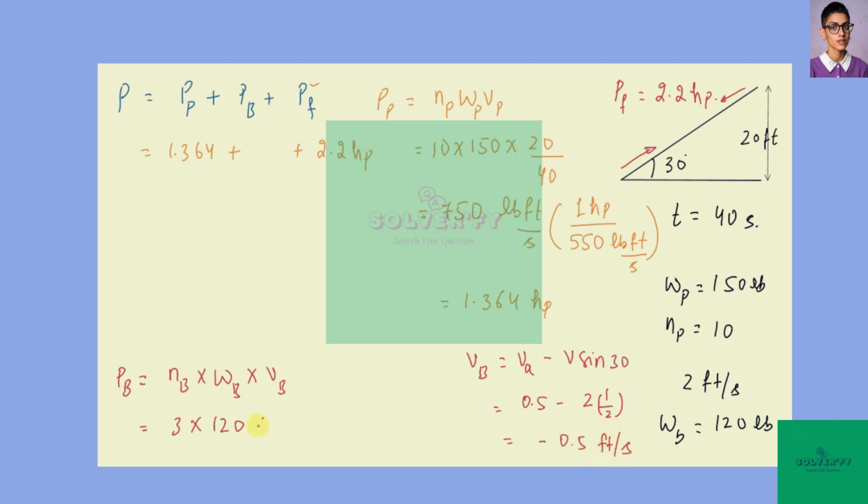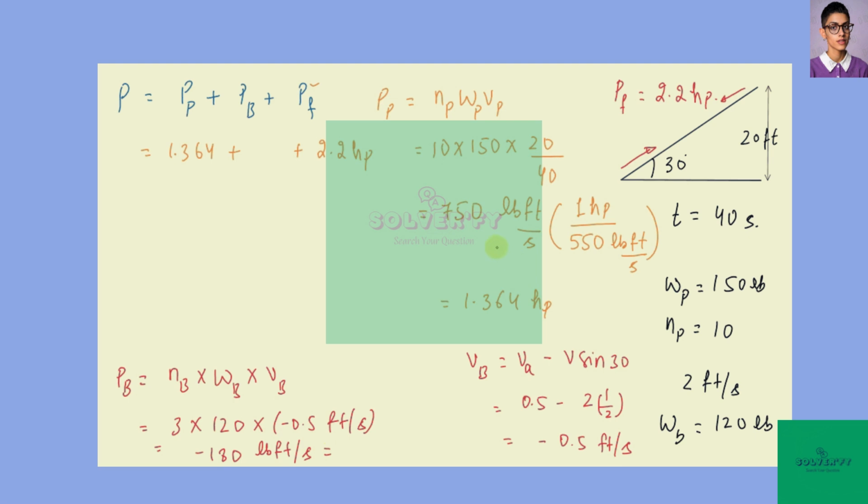Now you can put the values here. This would be multiplied with negative 0.5 feet per second, and we'll get the power to be negative 180, with the unit pound feet per second. Now again we have to convert the unit into horsepower.